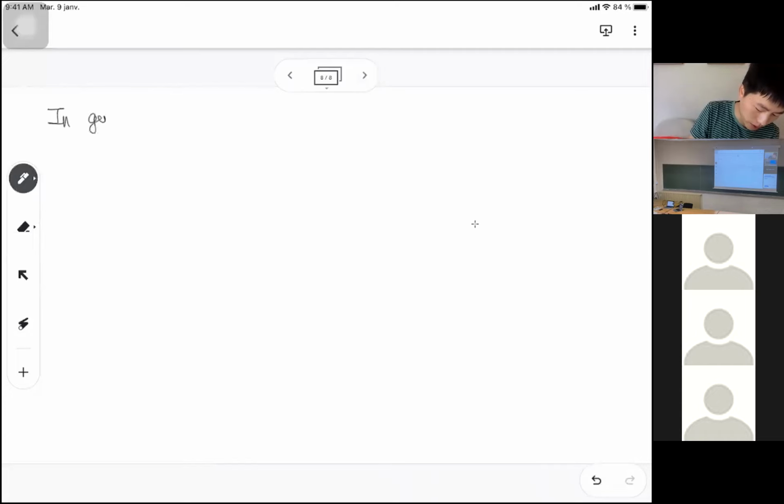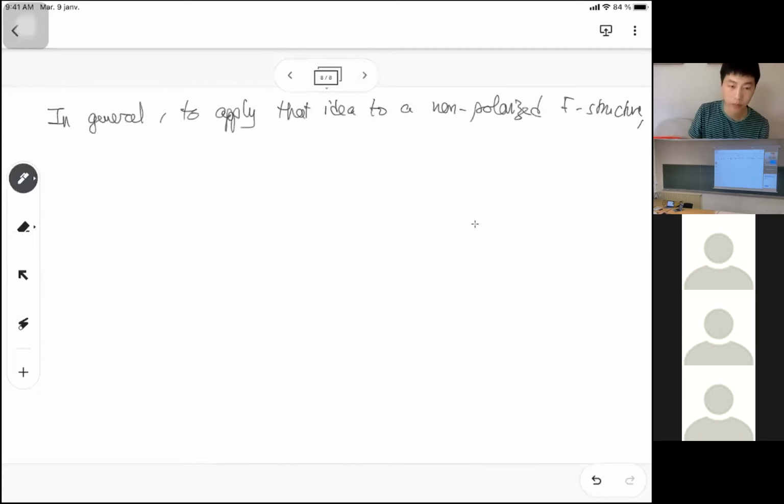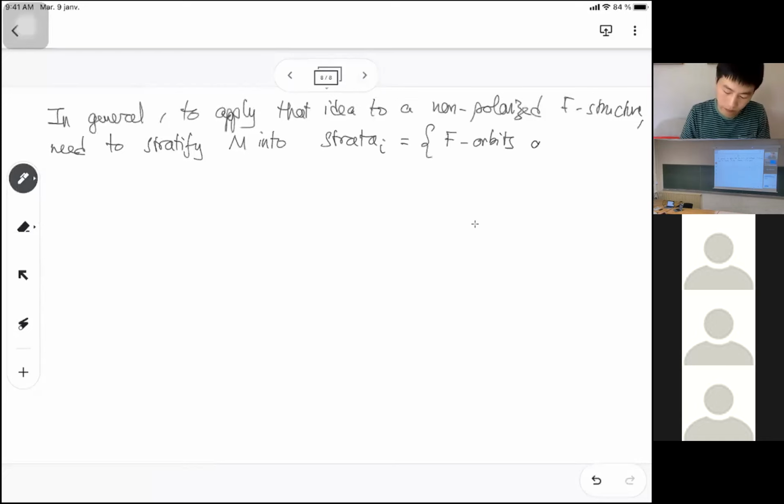So in general, in order to apply these ideas to non-polarized F structure, I'm not going to do that, but let me mention that we need to stratify M into some strata indexed by I, and a strata indexed by I is simply all the F orbits of dimension equal to I. So remember, when there's a loss of dimension for the orbit, that exactly means that the action is not free, and the less the action is free, the smaller the dimension of your orbit.